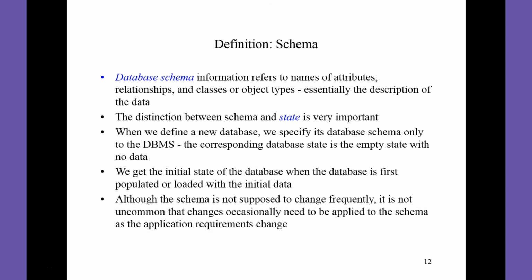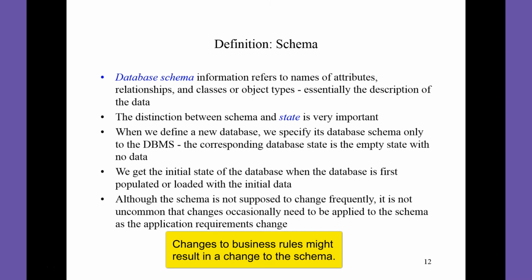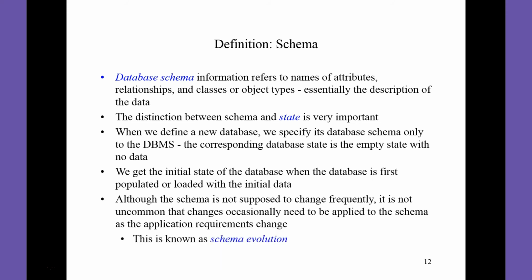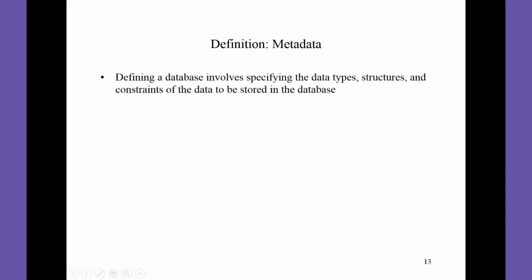Although the schema is not supposed to change frequently, it is not uncommon that changes occasionally need to be applied to the schema as requirements within the application or application domain change. This is referred to as schema evolution. Another important term or concept is metadata.